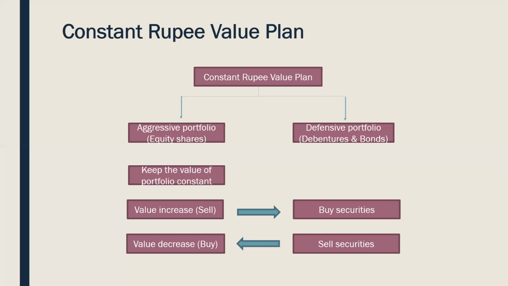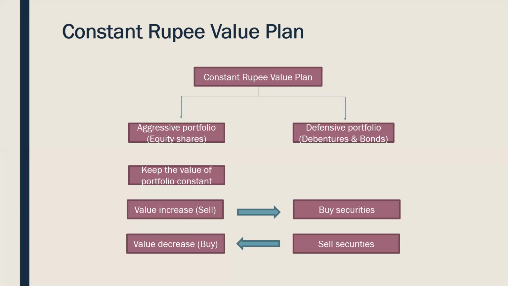So they are selling off 10,000 worth of equity shares and using the sales proceeds to purchase 10,000 worth of debentures and bonds, and investing it in the defensive portfolio. So that extra 10,000 has been shifted to the defensive portfolio. Now again, you hold 50,000 worth of portfolio in your aggressive portfolio.